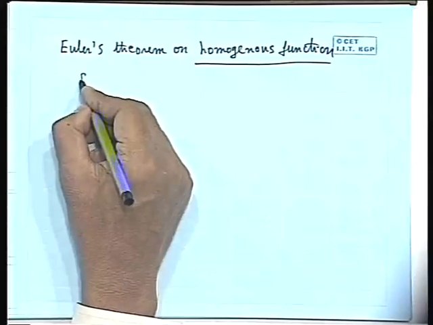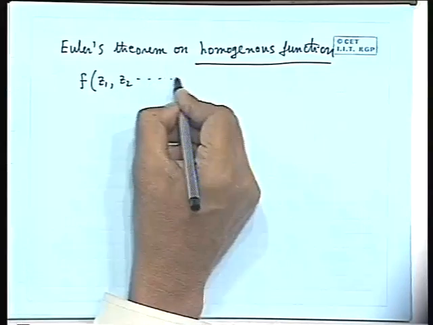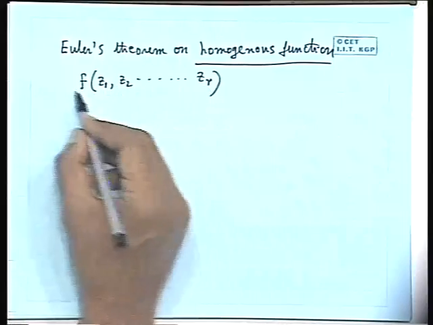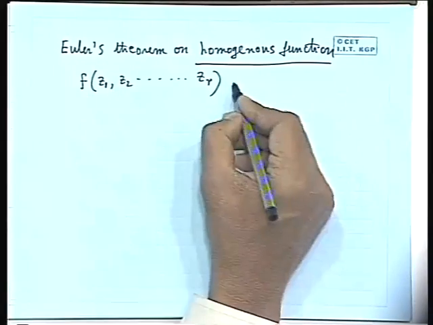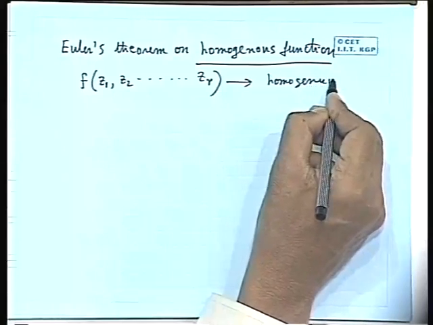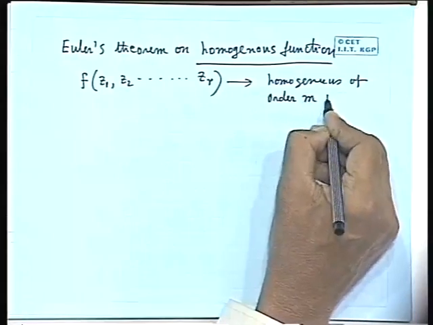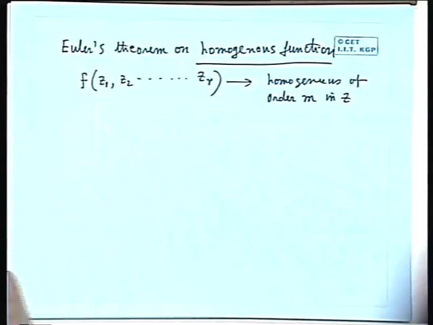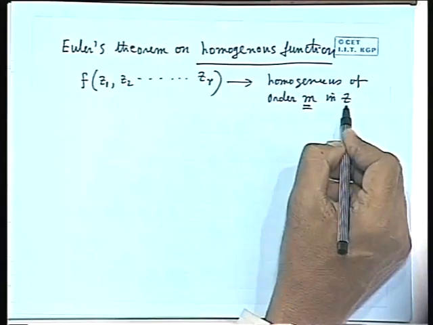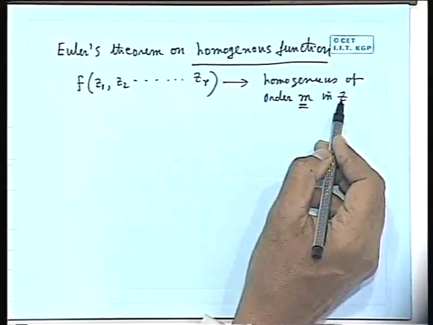What is that? Suppose a function f of a number of independent variables, let z1 to zr be the independent variables, a function of z1, z2, up to zr. If this function is homogeneous of order m in z, then Euler's theorem tells us something. First, let us see what is meant by homogeneous of order m in z.